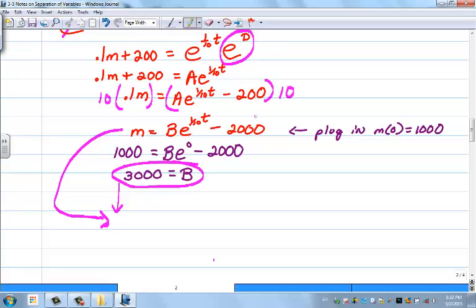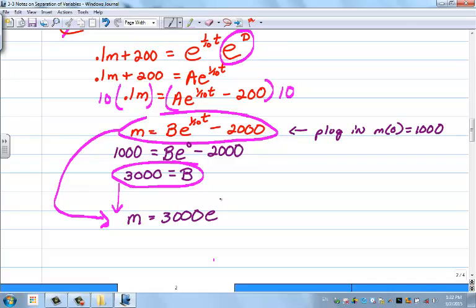These two pieces, we combine them, replacing b, and we get m equals 3,000 e to the 1/10 t minus 2,000.